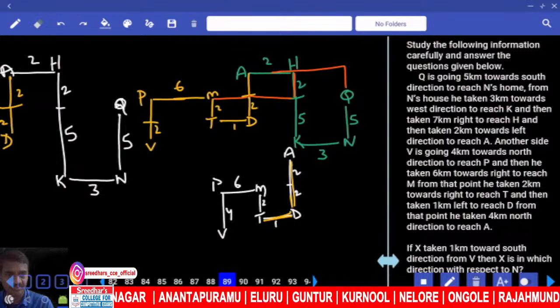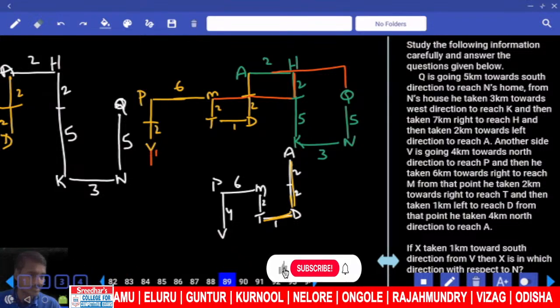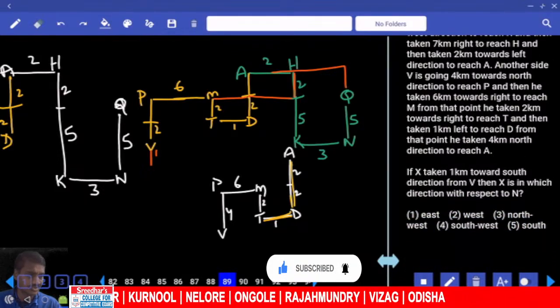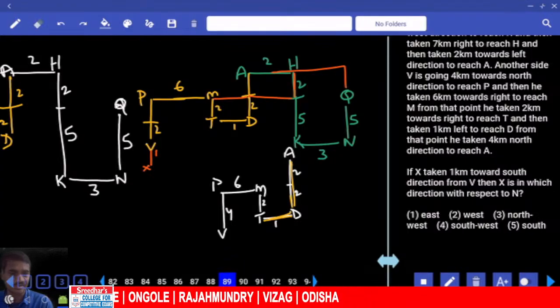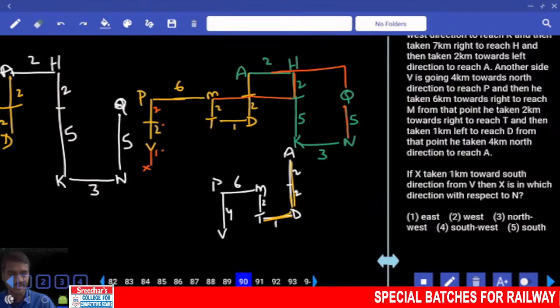Now X is in which direction with respect to N? Now tell me what direction we have. Direction west, because the total distance is 5, 2 plus 1 is 5. From here 5, and it is directed towards west. West is choice 2 in 89.